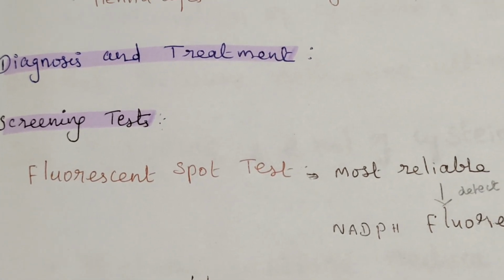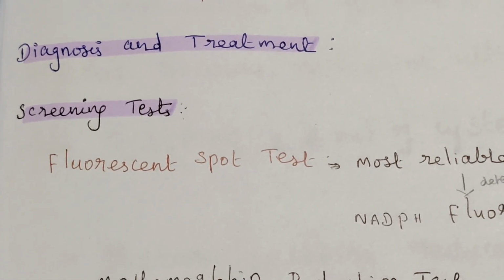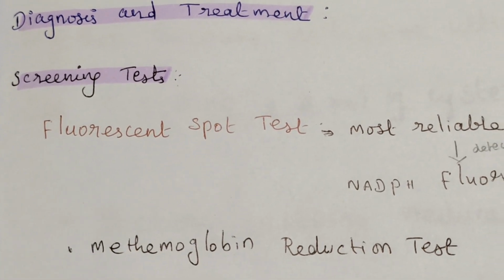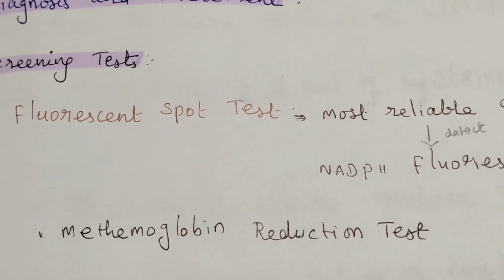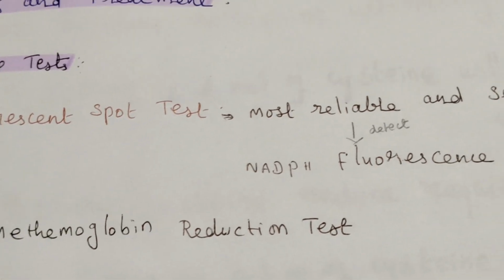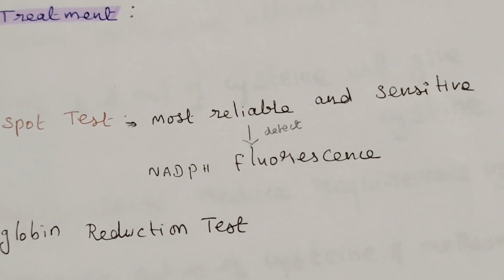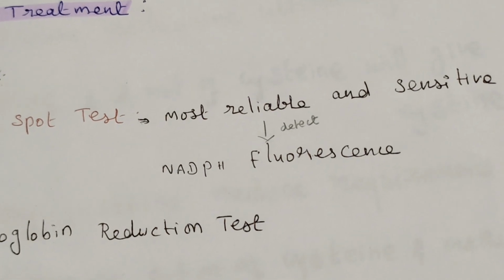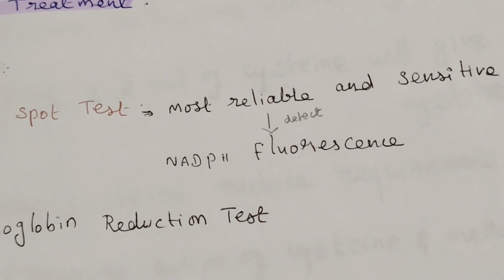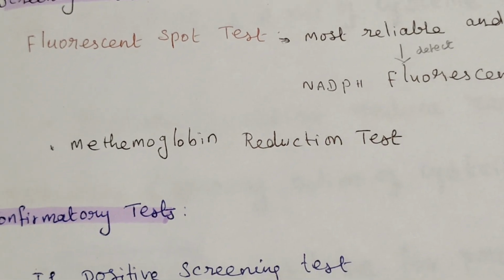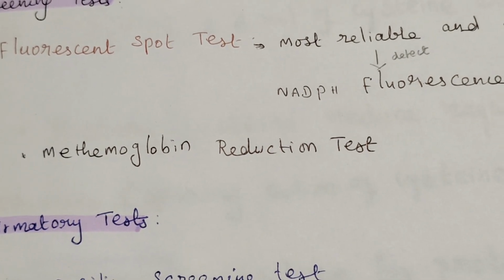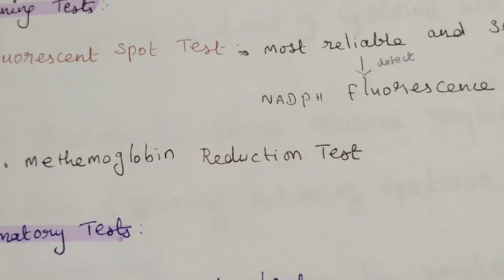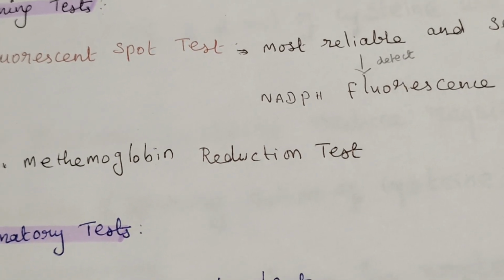Then diagnosis and treatment of glucose-6-phosphate dehydrogenase deficiency. For the screening test, the fluorescent spot test is the most reliable and sensitive. By using this one we can detect NADPH fluorescence. Then the methemoglobin reduction test also.